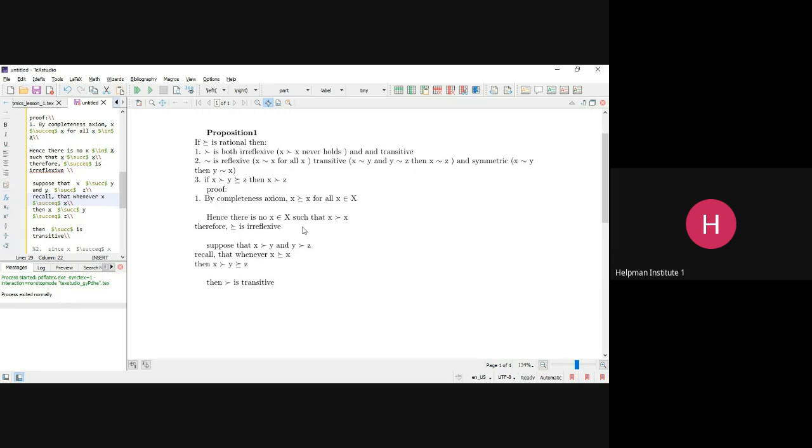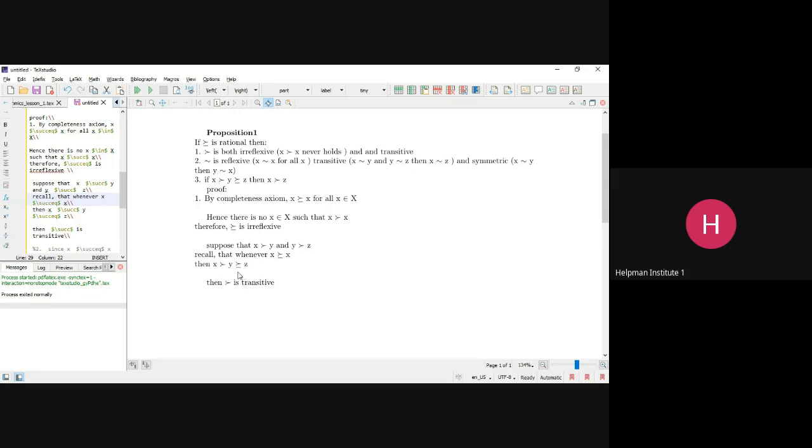From proof one that we've shown, from the definition of completeness, if x is strictly preferred to itself or to anything, definitely we can have this relation hold. So that is how to prove transitivity.